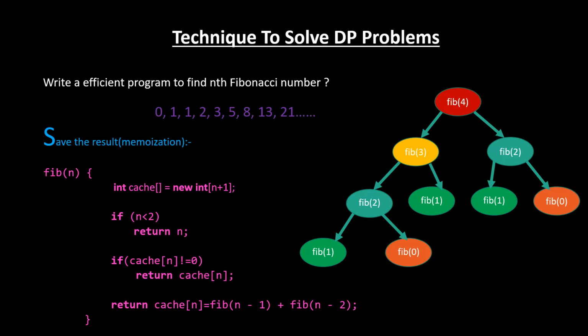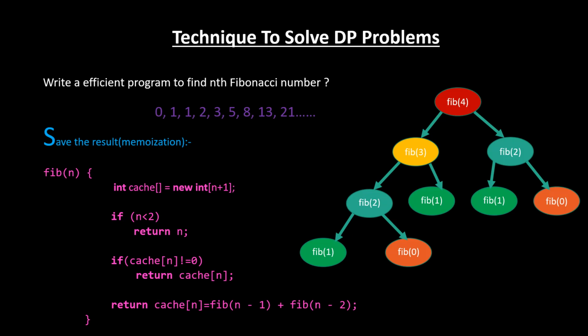So now we have taken one array of size n plus 1, and we are using this cache to return the result. First we will look into the cache. If the cache entry is defined or is not equal to 0, then we return the result from the cache. Else we will calculate the result, put it into the cache and return the same.